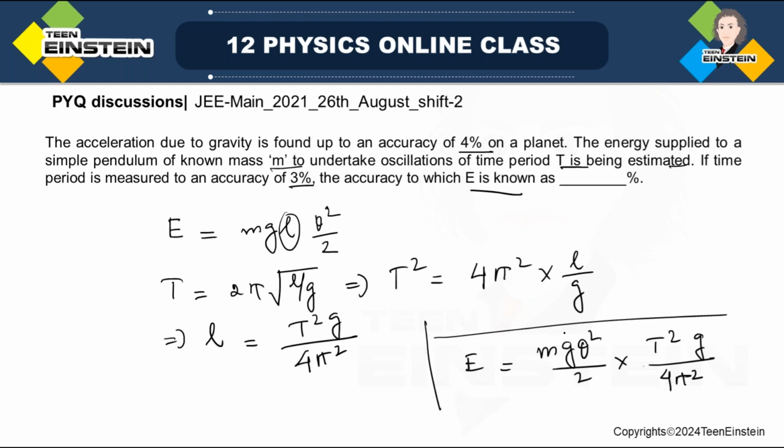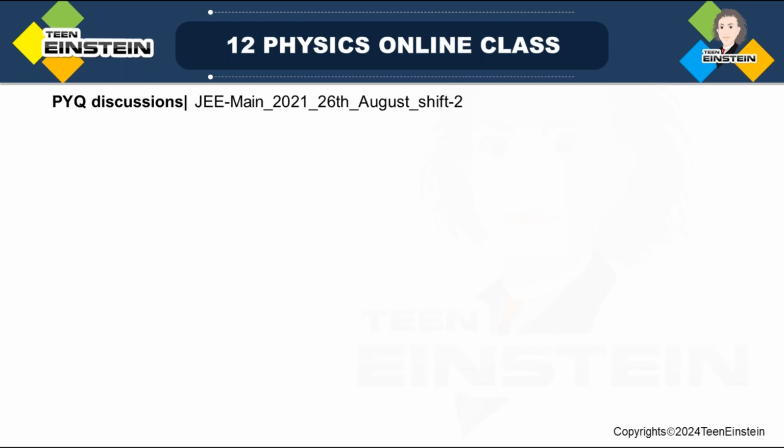So now I have to find out accuracy. Accuracy means, see, I have got E is equal to mg square t square theta square divided by 8 pi square. Okay. So I have to find out accuracy.